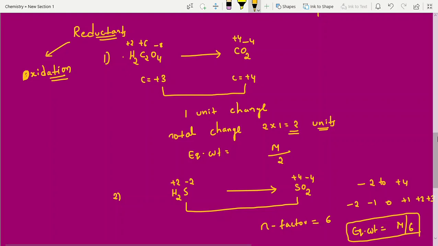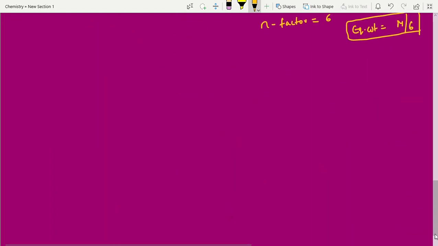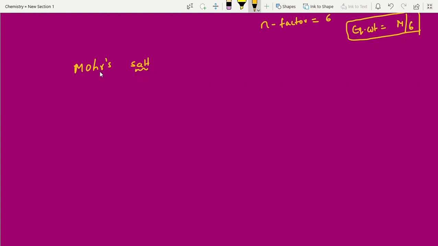Now, Mohr's salt. Most of the time they're asking another question on Mohr's salt n factor. First of all, most of the students don't know the structure, so that's the reason they're confused. Mohr's salt, how to calculate?